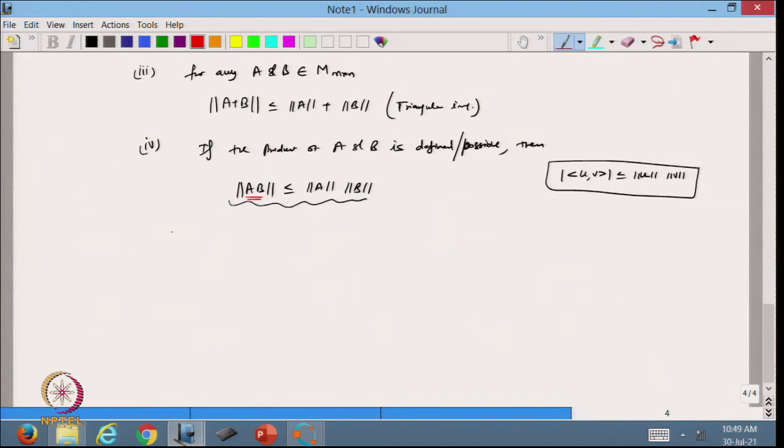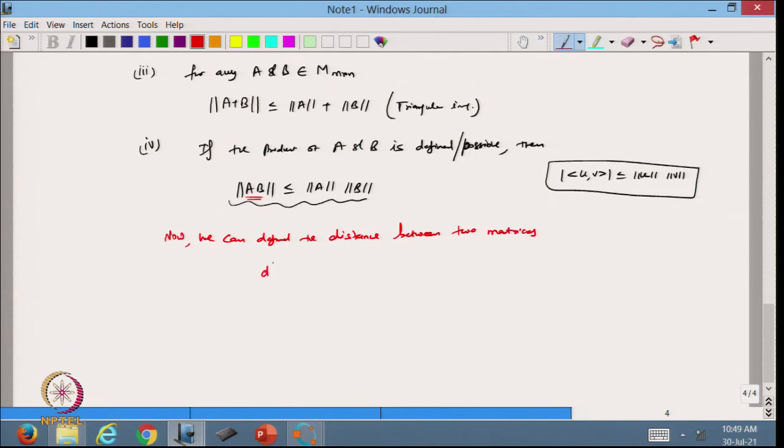After defining this, we can define the distance between two matrices.